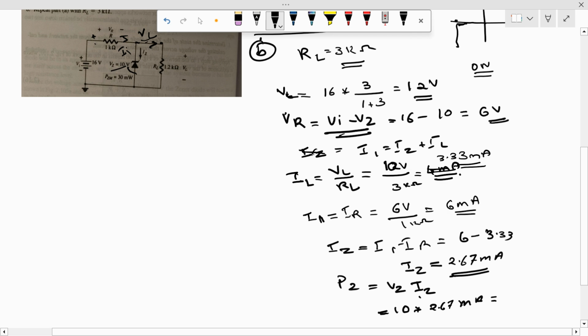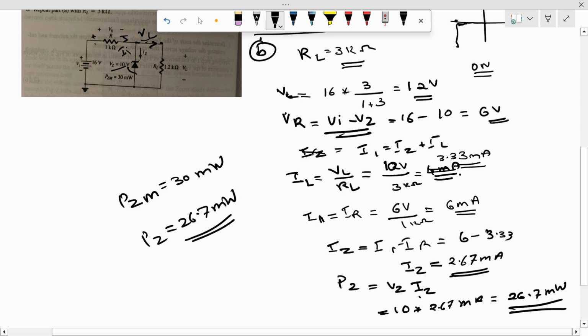So it will be around 26.7 milliwatts, which is less than our rated power. We are already given that PZ max is 30 milliwatts, right? What we got is PZ equal to 26.7 milliwatts. So our Zener diode is in the safe range of operation.